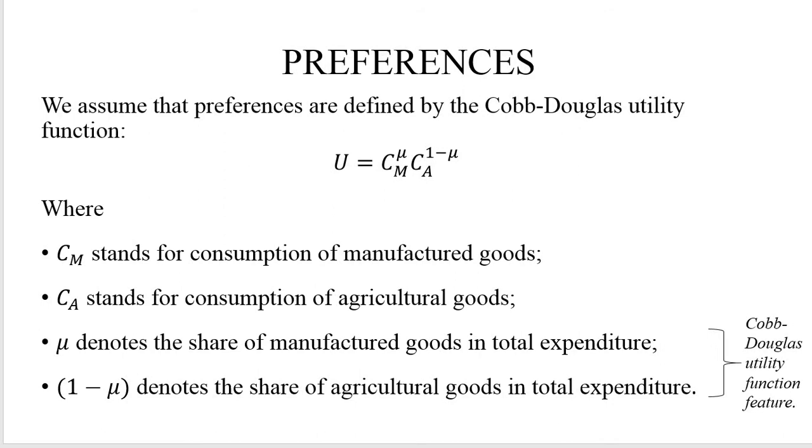So the latter two features of this function arise from the functional form of Cobb-Douglas utility function. So basically this will apply to any function of this type. The upper coefficient of the particular commodity will denote the proportion of income spent on this commodity.